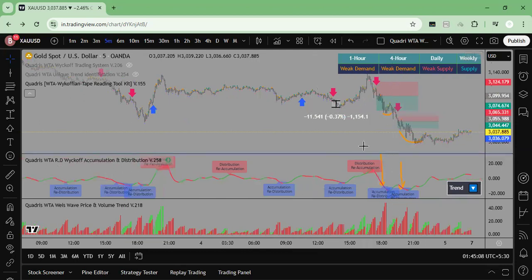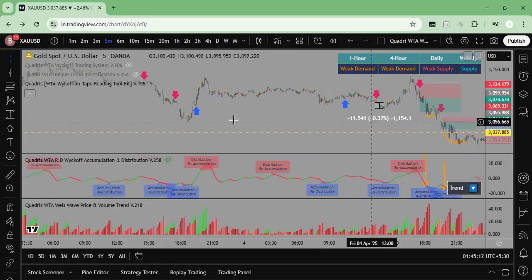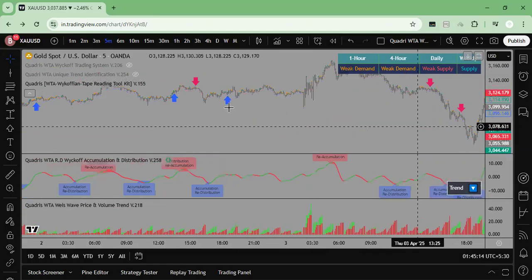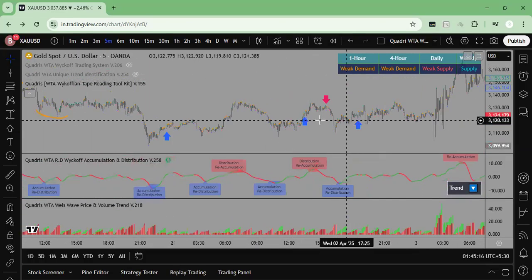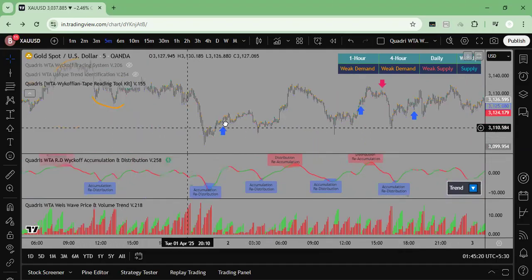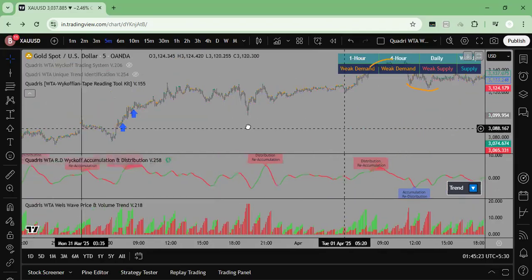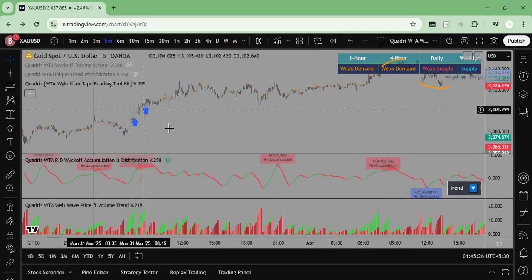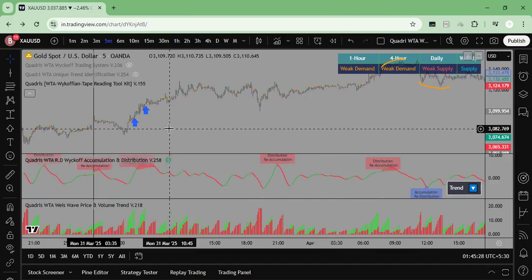For example, if you see 1, 2, 3, 4, 5, 6, 7, 8, 9, 10, 11, and then 12, 13. Almost 13 trades in this entire week, based on 5 minutes.